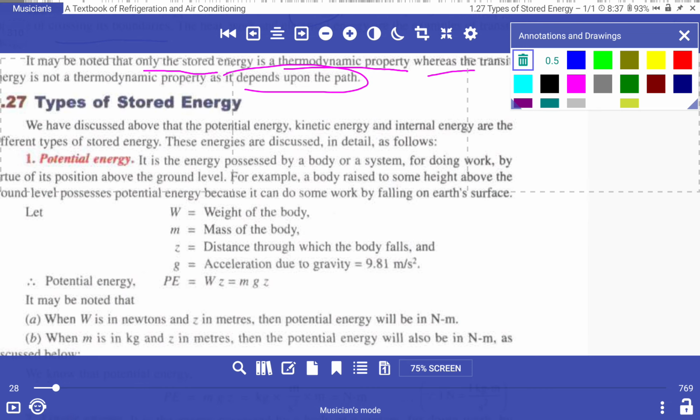So suppose you have a stone. I want to make a sketch here just to convey the idea. You have a stone at rest with a mass M.